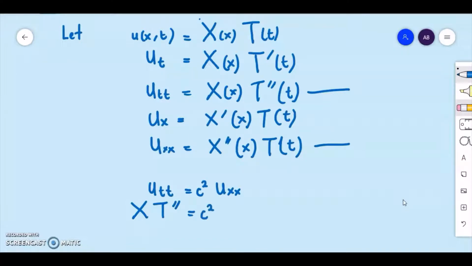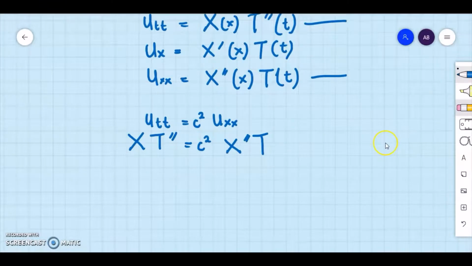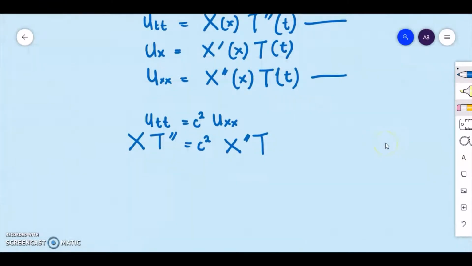Now u_xx is given by X double prime T. Since this can use separation of variables, I can separate the variables here. This is what we call a separable variable.